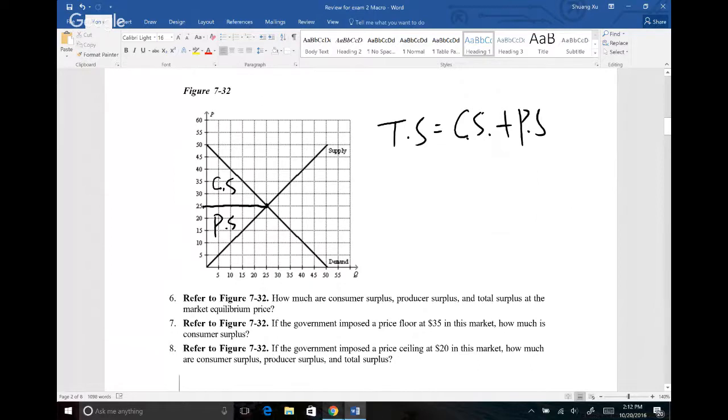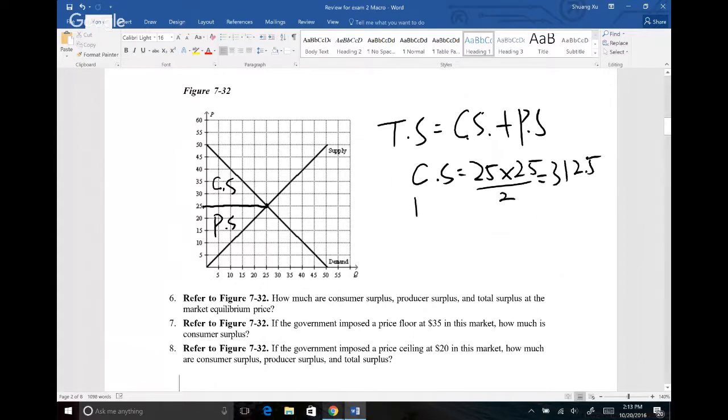Okay. So let's first find out our consumer surplus. For consumer surplus, the vertical distance, we go from 25 to 50. So that's a 25. Horizontal distance, go from 0 to 25. That's also 25. Divided by 2. Let's see how much is this. So 25 times 25 divided by 2, I have 312.5.